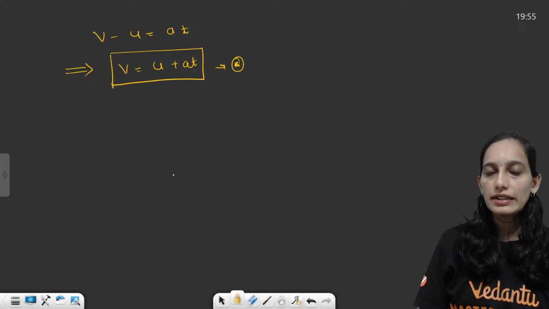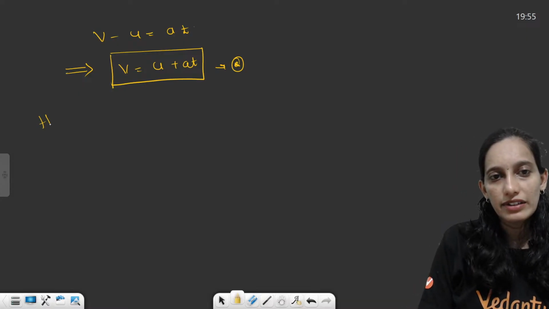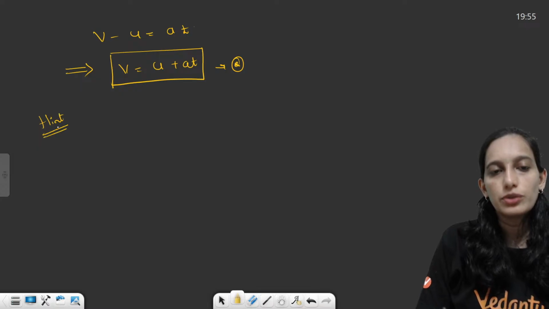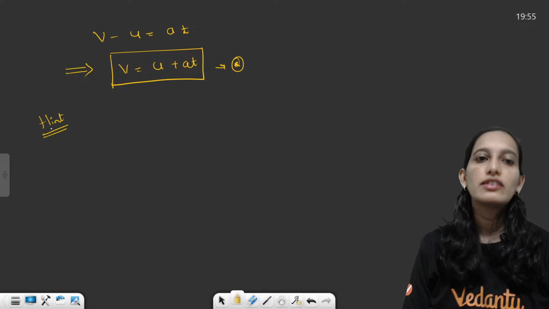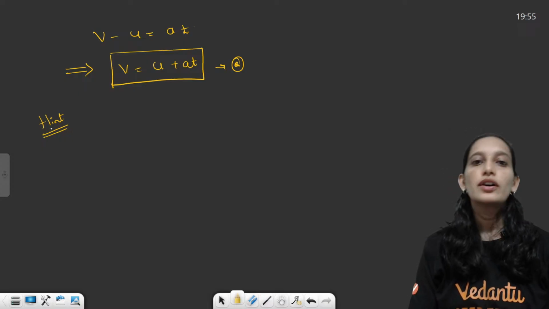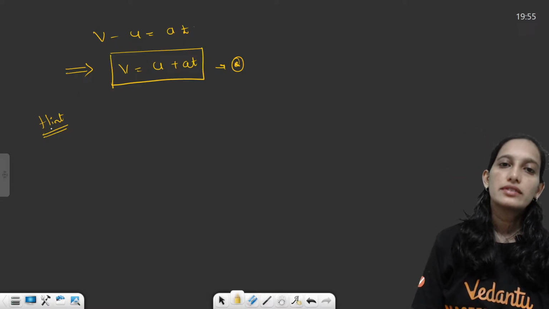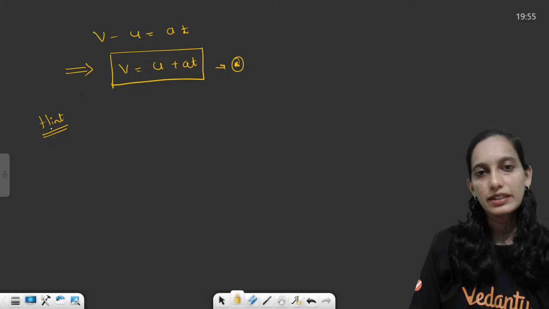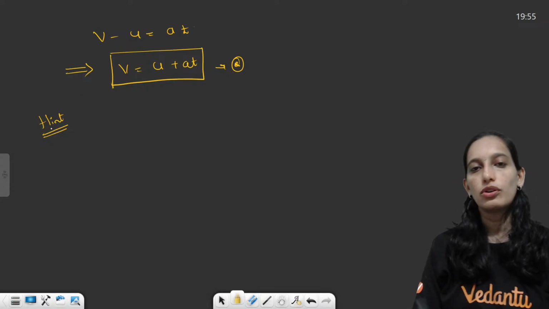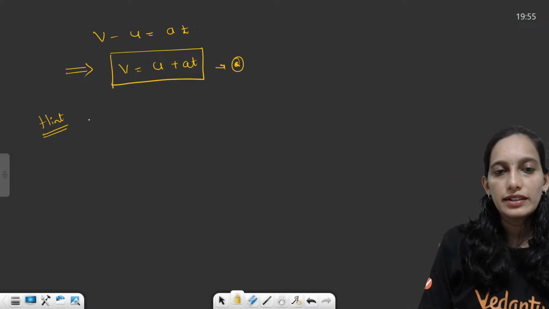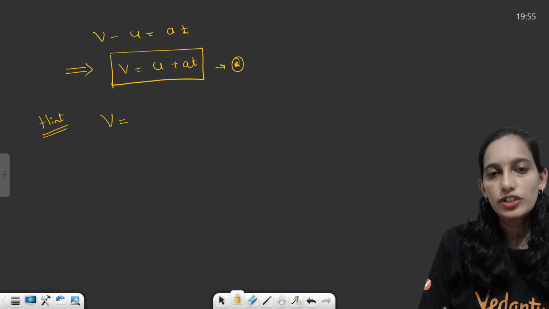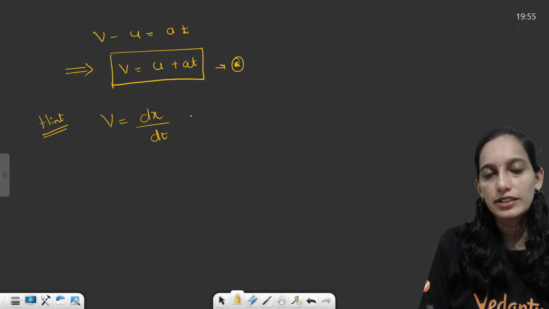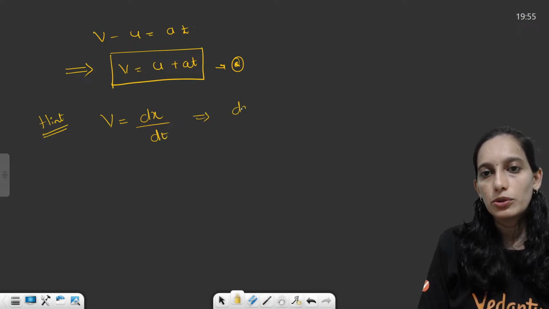Okay, similarly I'll just give you a hint and I will leave it for you to work out. You can try it, or else anyway in the next session we will be deriving them by the calculus method as a problem also. So the hint is, consider the definition of velocity, v is equal to dx by dt, which we can rewrite as dx is equal to v dt.